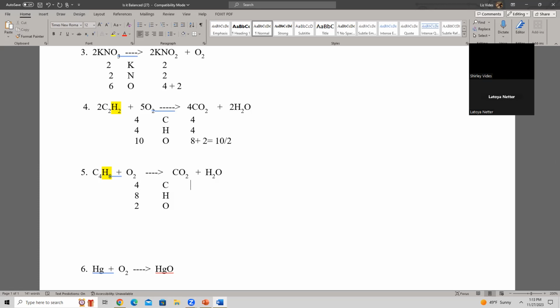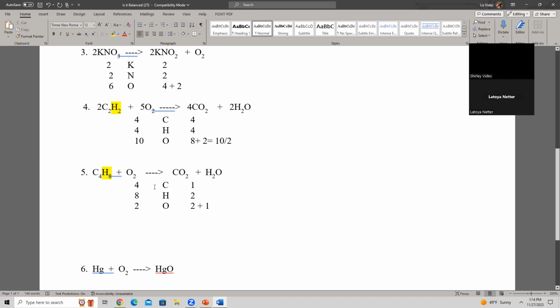There we go. That's a 1. This one right here is a hydrogen. We only have 2, right? And then this one right here, we have a 2 plus 1.